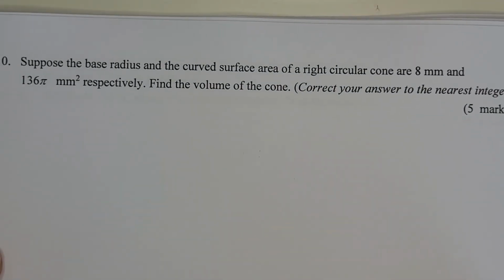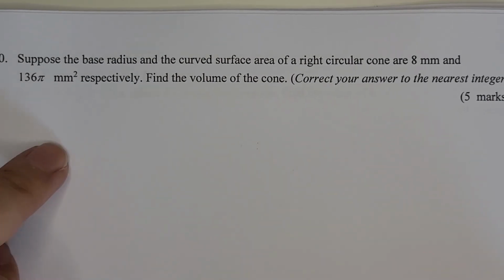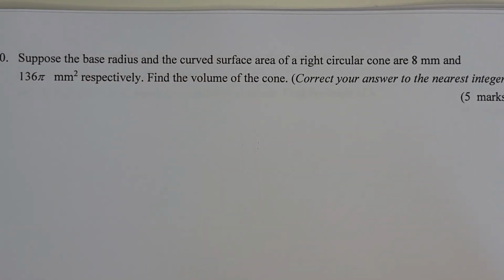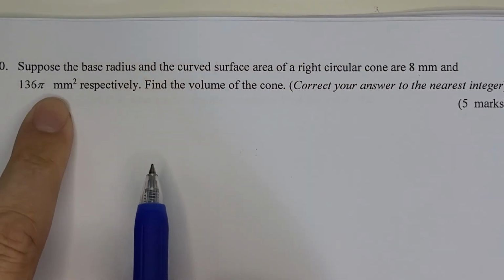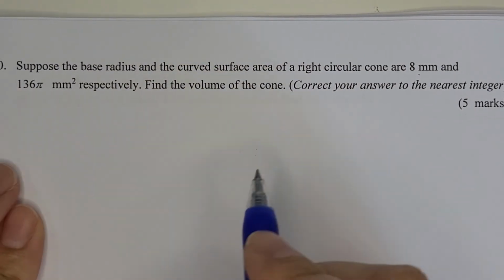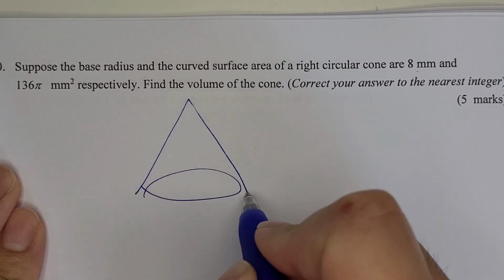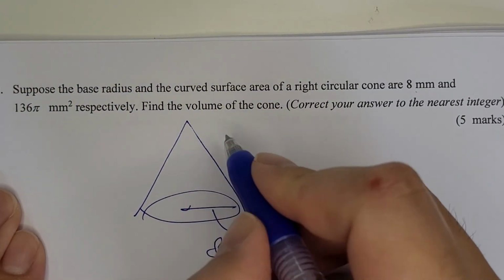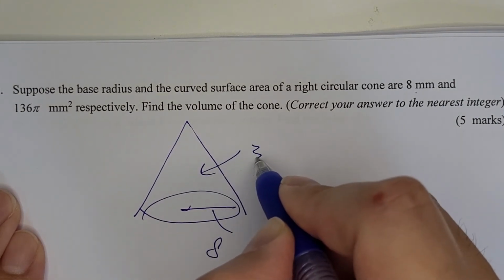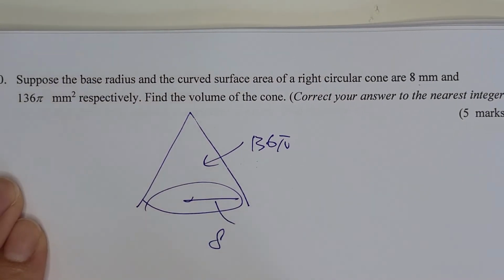For question number 10, suppose the base radius and the curved surface area of the cone, a right circular cone, are 8 mm and 136 pi mm square. So draw the cone. Base 8 mm and the curved surface area 136 pi.